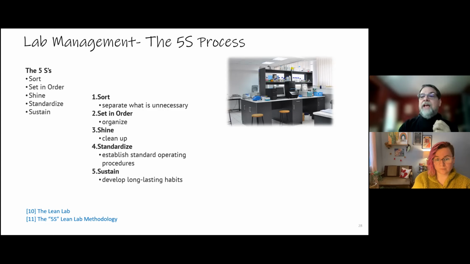Develop long-lasting habits that become part of the culture of the lab. And by the way, things like respect, things like communication, things like collaboration begin to layer on this. And so the whole idea is this environment is an environment where you can be productive, consistent, sustainable, evolutionary, and therefore revolutionary work.